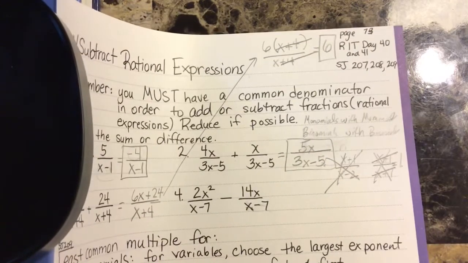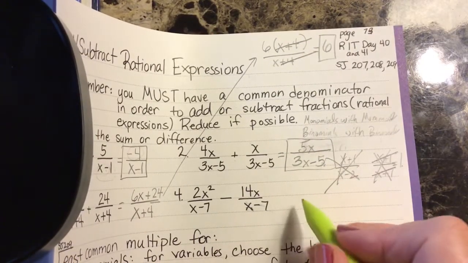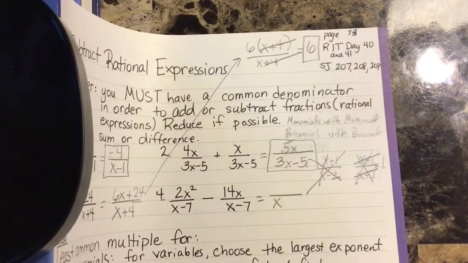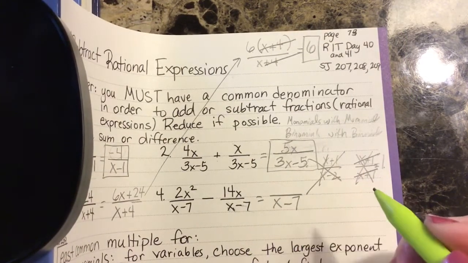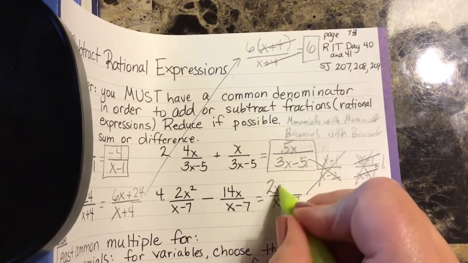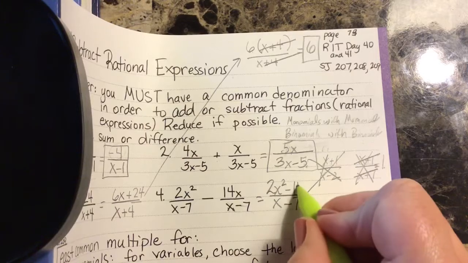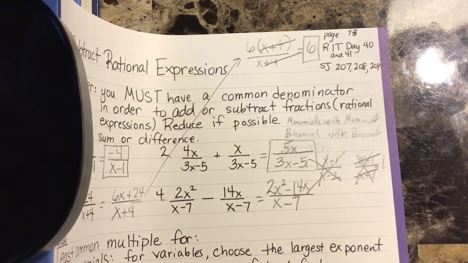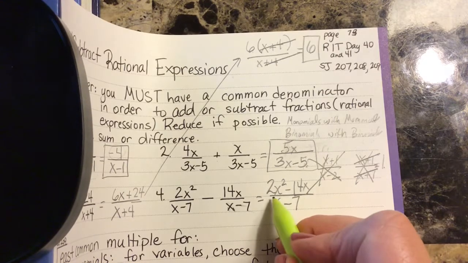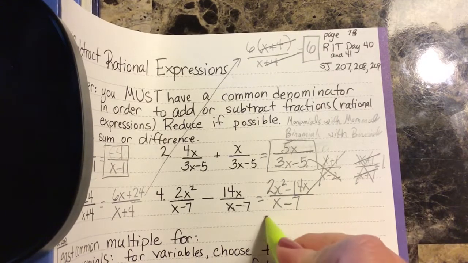Okay, moving on to number 4. Do I have a common denominator? Yes. x minus 7 is my common denominator. I don't have like terms in the numerator, so I'll bring over 2x squared minus 14x. I do notice that my numerator can factor. There is a greatest common factor of 2x.